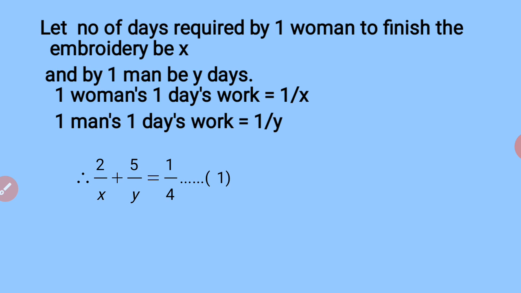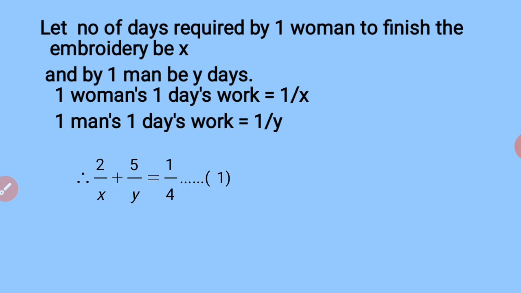These 2 women and 5 men were taking 4 days. So in one day they have done 1 by 4 part of the work only. This is how we have converted everything into 1 day work. You can solve it further later on.